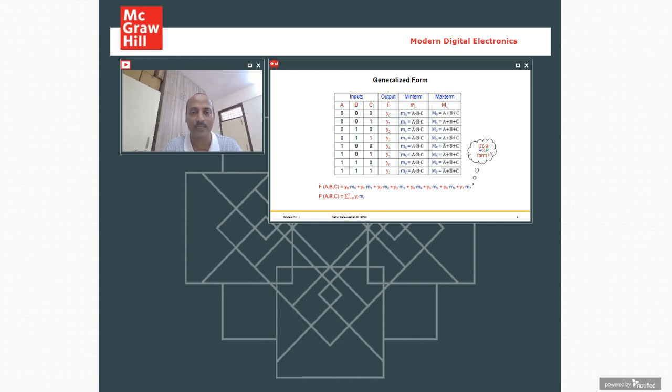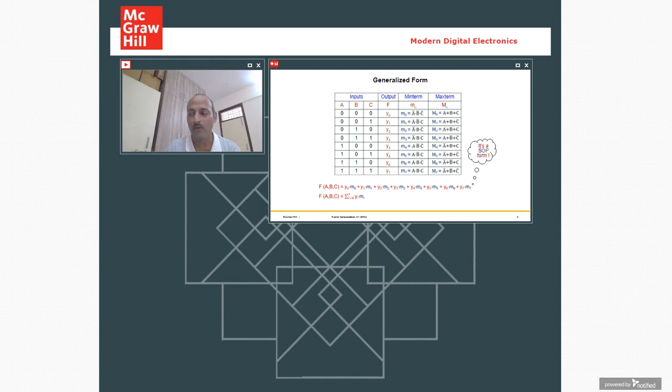All min terms are represented using small m with a suffix corresponding to its row, and max terms are represented using capital M with a suffix corresponding to its particular row. Let us take a generalized output expression F, and the outputs are marked as y0 to y7 corresponding to each row. Now let us say I don't know what the function is, because there are 256 possible functions which can be generated with three input variables.